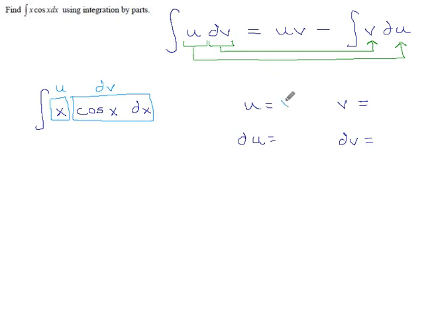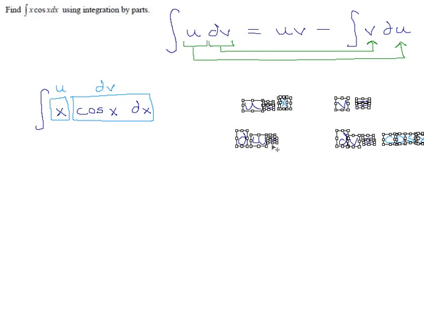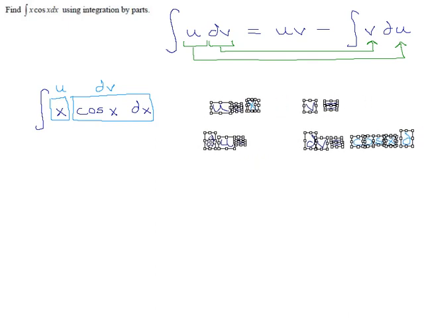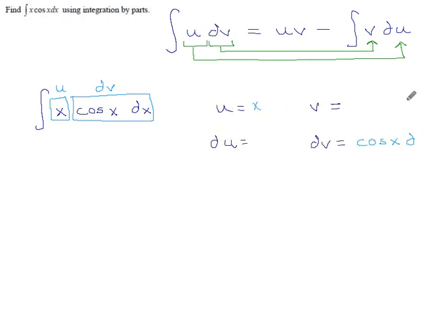Our u is x, our dv is cosine x dx. Okay, so now du is just dx. The antiderivative of cosine x dx is sine x.